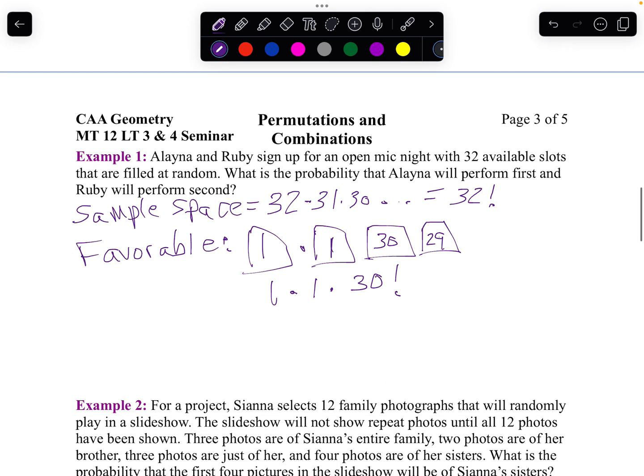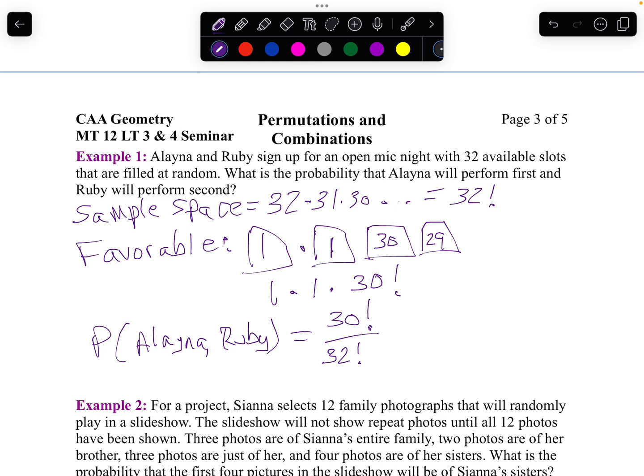So the probability that we have Elena, then Ruby, is going to be 1 times 30 factorial, or 30 factorial, over 32 factorial.